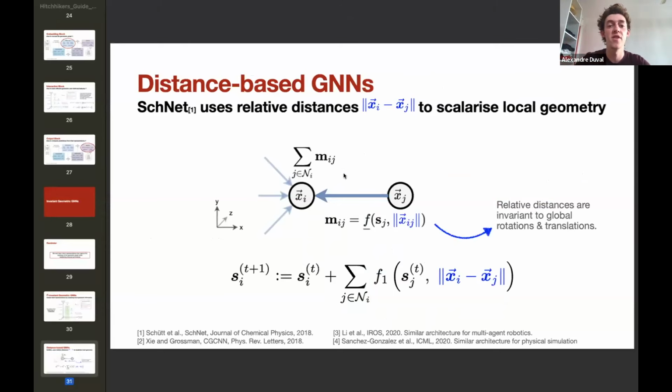You first start with distance-based GNNs, and the most common name is maybe SchNet, which, in 2018, proposed an approach that uses relative distances to scalarize the local geometry.